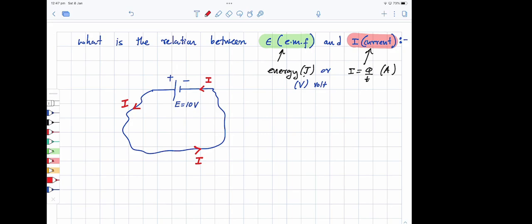Now there are two things here. One is energy, the other thing is this current. So now how do we understand this? The current is flowing now. This is the best way to understand. Think about this.